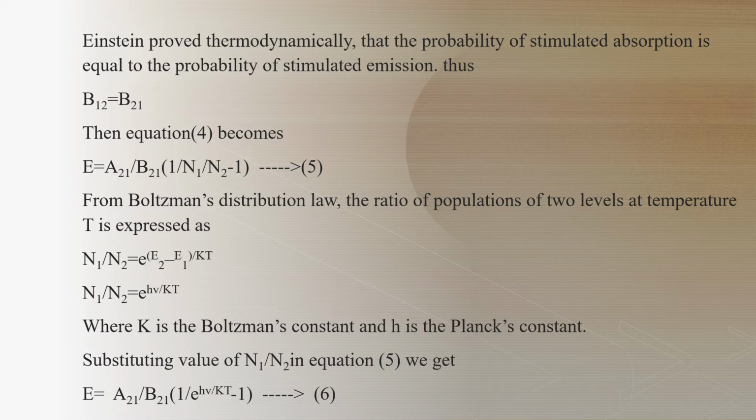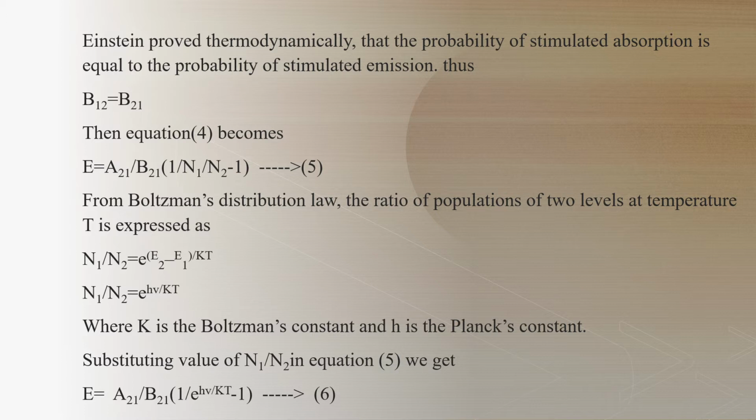From Boltzmann's distribution law, the ratio of populations of two levels at temperature T is expressed as N1 by N2 equal to e power (E2 minus E1) by KT.